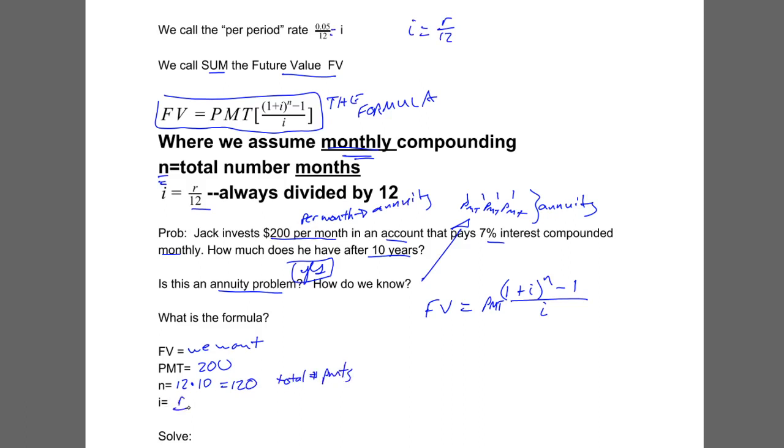And then I is R over 12. So in this case, R is 0.07, so 0.07 over 12. You grab the calculator here. It's 0.00583.